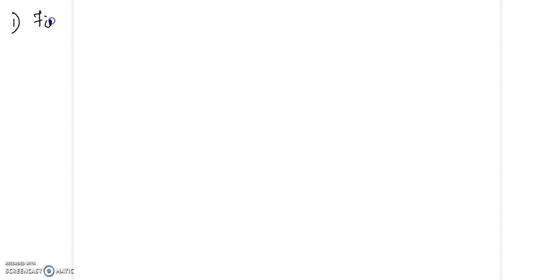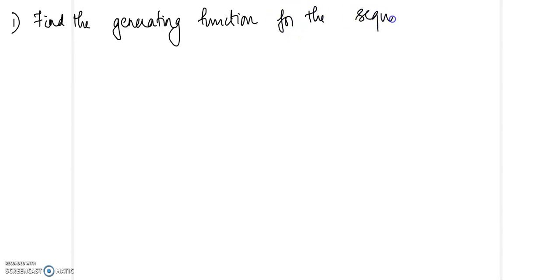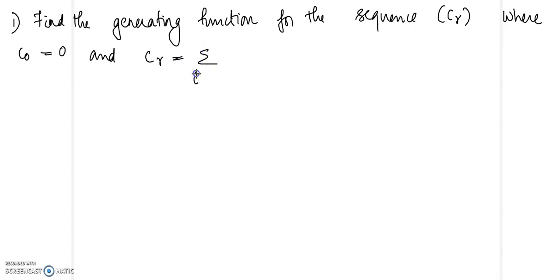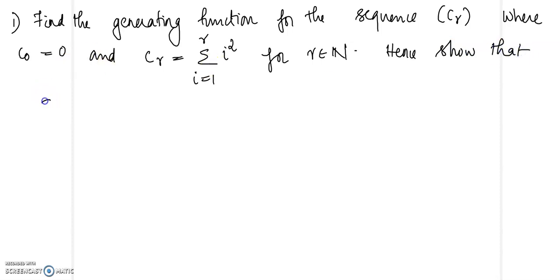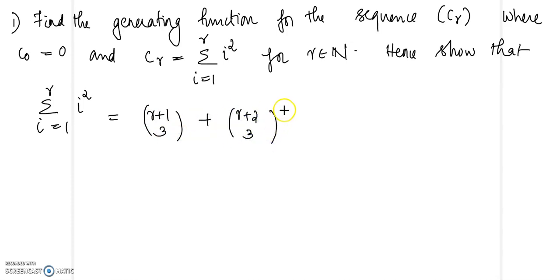So the problem is: find the generating function for the sequence CR, where C0 is equal to 0 and CR is equal to summation i equal to 1 to r of i square for r belongs to N, and hence show that summation i equal to 1 to r of i square is equal to (r plus 1)C3 plus (r plus 2)C3.